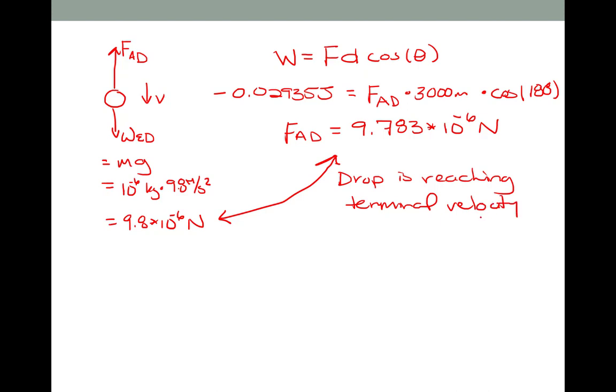Okay. So, as one more piece to this puzzle, let's see how fast the drop would be moving if there was no air resistance. So in this analysis now, we got up here 3,000 meters up. Here's our pretty little drop. Again, we have only gravitational potential energy to begin with.